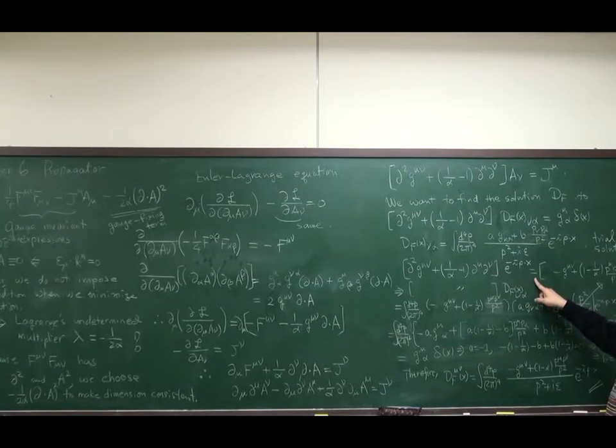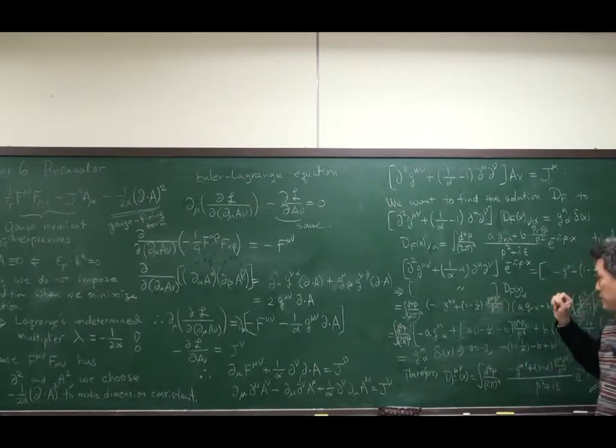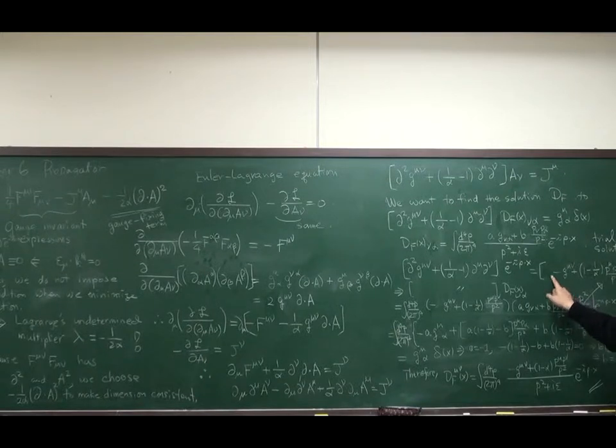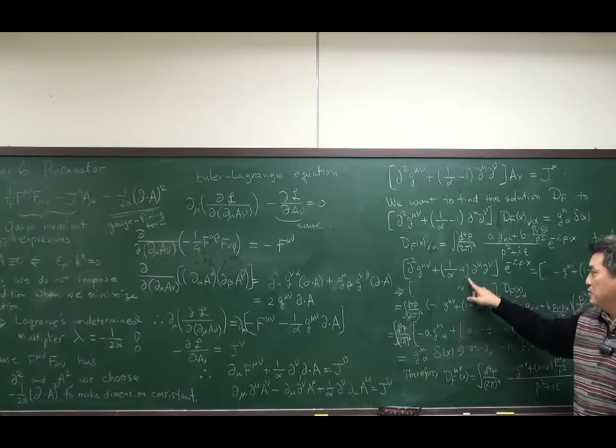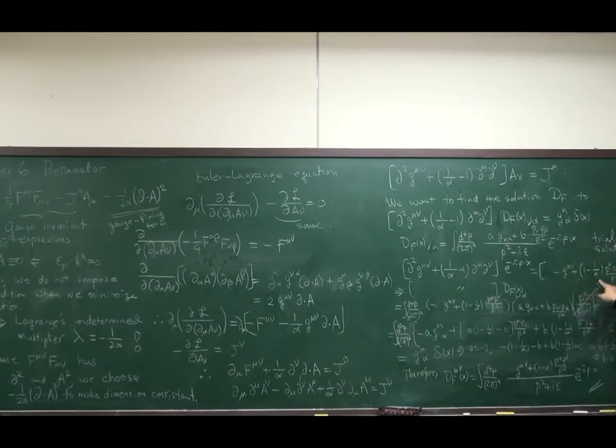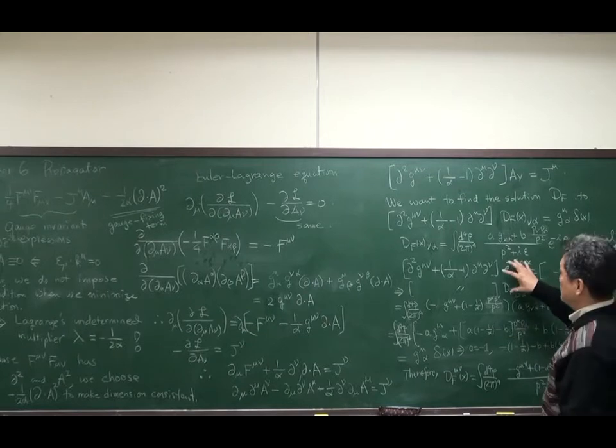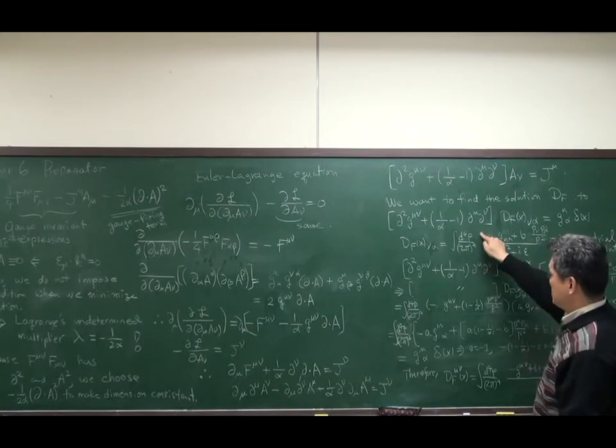I have pulled p squared out and kept the minus sign in here. The double derivative also gives a negative sign, so I have flipped the order: 1 minus 1 over alpha, p mu p nu divided by p squared. Okay, let us substitute this result in the original equation.